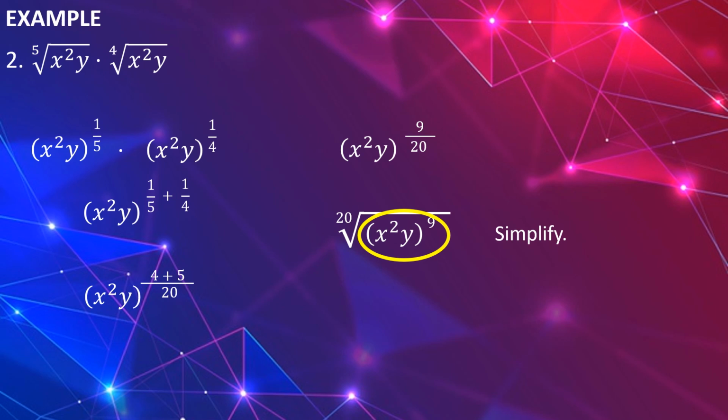Now we are going to simplify the 9th power of the product of x squared and y, and we are going to use the power of a product rule. The simplified form is the 20th root of x raised to 18, y raised to 9.